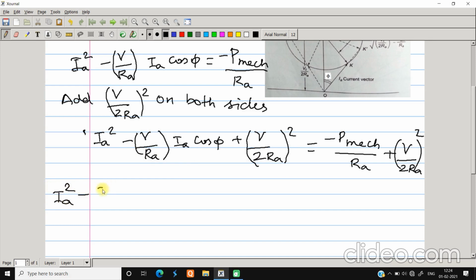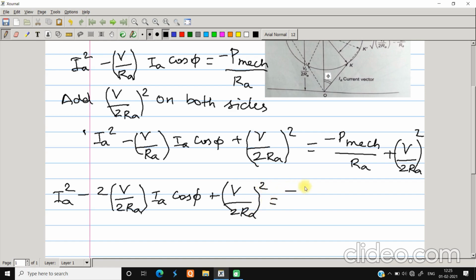We will multiply 2 on this term and divide the same 2 on the other term. We will get this equation as Ia square minus 2 into V by 2Ra into Ia cos phi plus V divided by 2Ra the whole square, which is equal to minus P mechanical divided by Ra plus V by 2Ra the whole square.